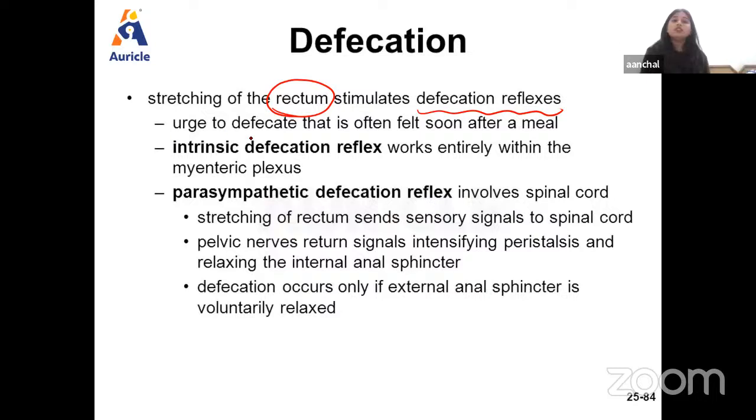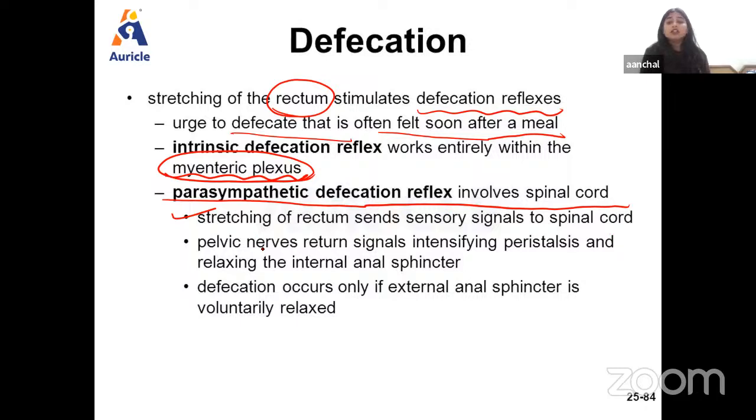So the defecation is basically the urge to defecate that is often felt soon after a meal, and the intrinsic defecation reflex works entirely within the myenteric plexus. Okay, so the myenteric plexus is responsible for initiating the motility of food, right? Now, parasympathetic defecation reflexes involve the spinal cord, because stretching of the rectum sends a sensory signal to the spinal cord.